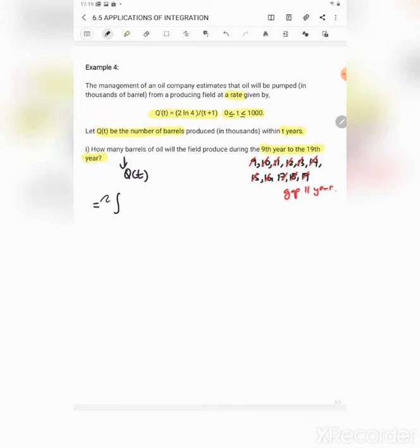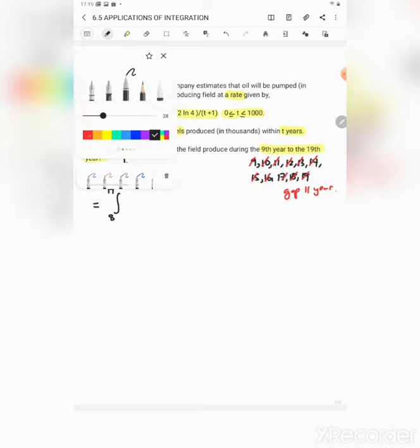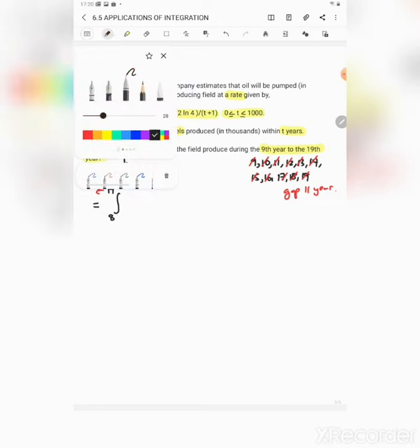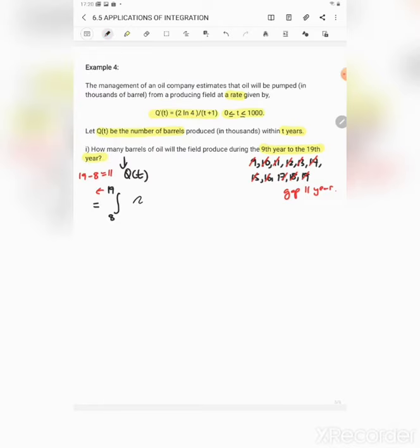So you write 19 for the upper limit and 8 for the lower limit, because 19 minus 8 is equal to 11. The gap between the upper and lower limit must be 11. So now we have to integrate Q prime t dt.